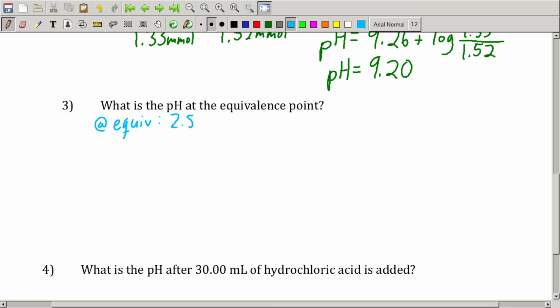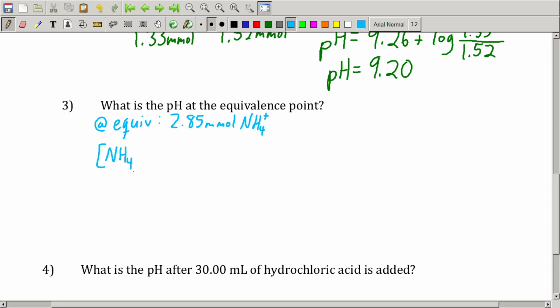I'm just going to have 2.85 millimoles of the weak acid NH4+. All right, so I can calculate the concentration of that. What's the concentration of NH4+ at equivalence?